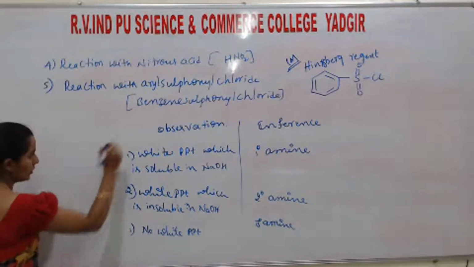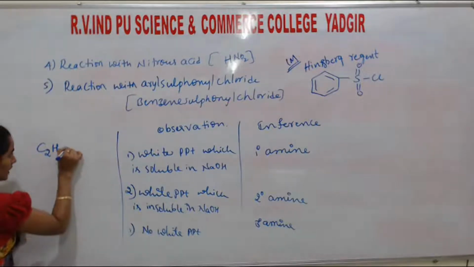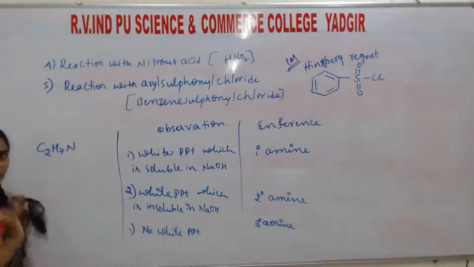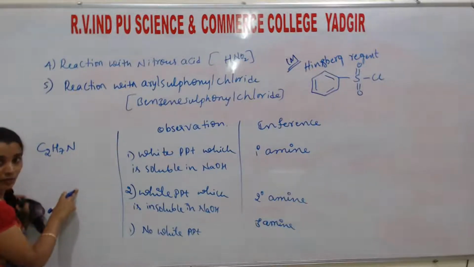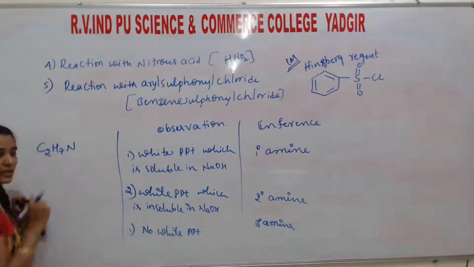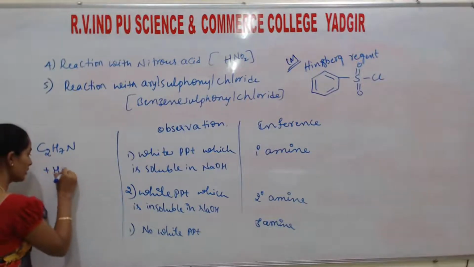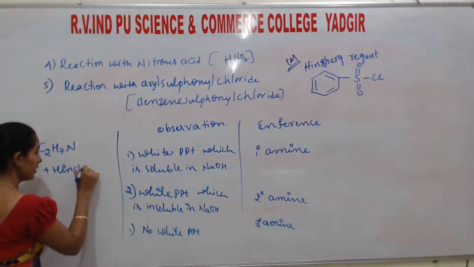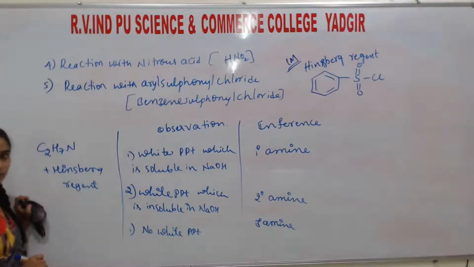So students, listen. Here I am taking the compound C2H7N. It is an amine. C2H7N, molecular formula is there. That means this is an amine. So plus Hinsberg reagent. Understand?